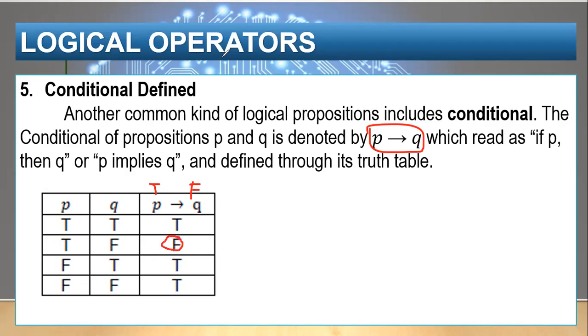So otherwise, the statement is true. Pag true yung P, true yung Q, that is already true. Pag false yung P, pag true yung Q, then that is considered as a true statement. And lastly, pag both false, false si hypothesis, false din si conclusion, still considered as a true statement.